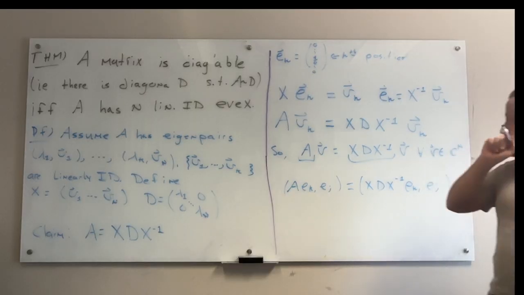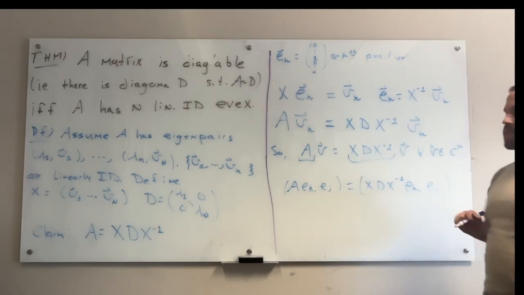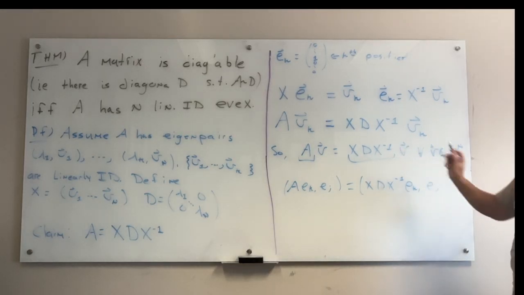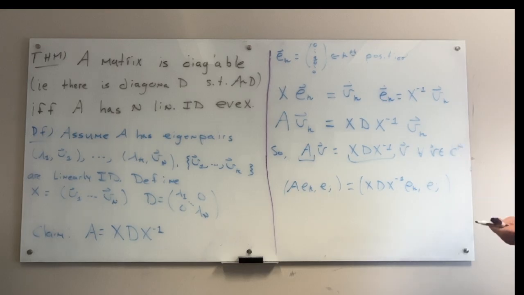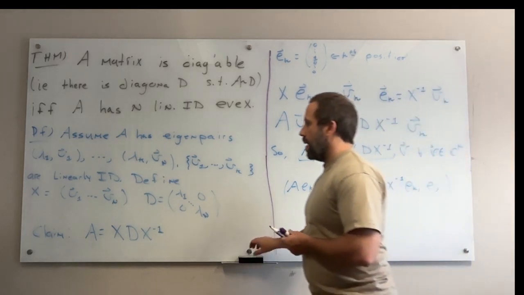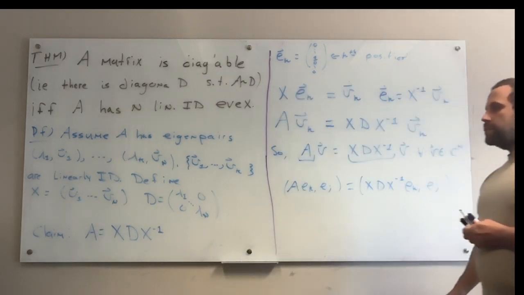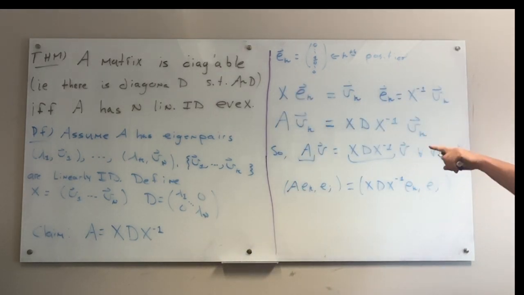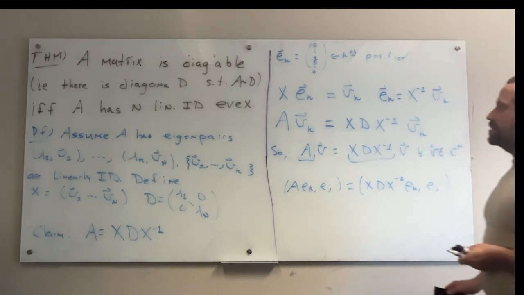So it says the kj entry of A is equal to the kj entry of X D X inverse. In other words, the matrices have the same numbers in them, so they are equal to each other. So this shows that if A has n linearly independent eigenvectors, then it's diagonalizable.